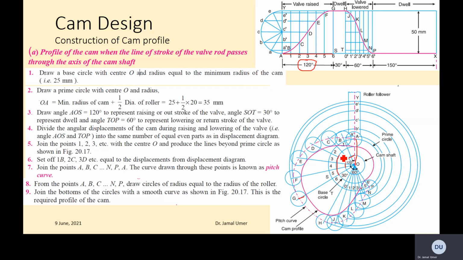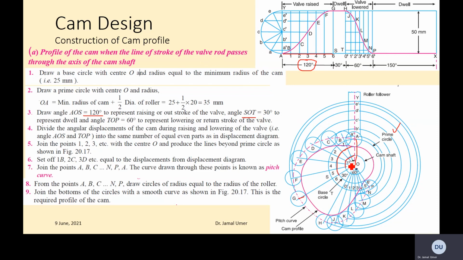So from here to here, it's 6 divisions, which are now marked on a prime circle rather than the base circle, but it doesn't matter because both are the same circle with the origin. So this in this example is not a problem. So you mark those on a prime circle now. So draw angle 120 to represent raising or outstroke of the valve, angle SOT for the dwell, and angle TOP to represent lowering.